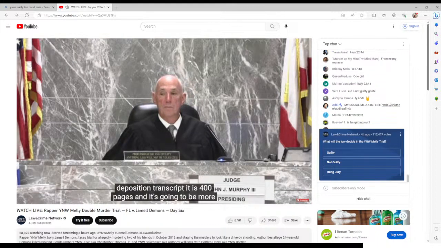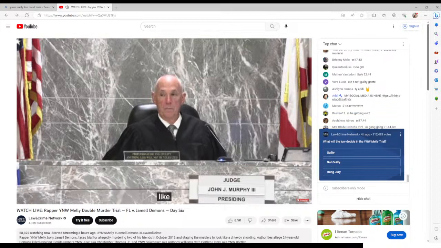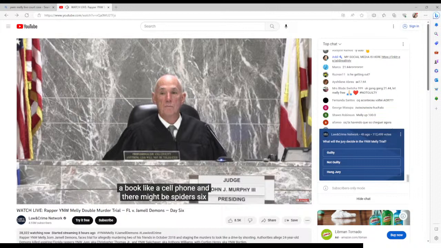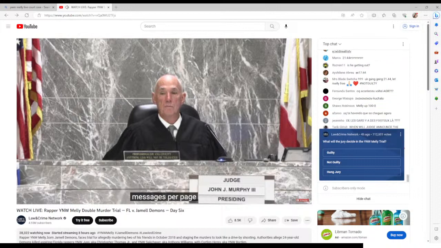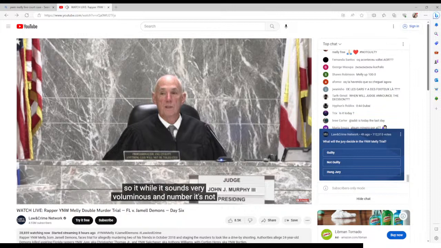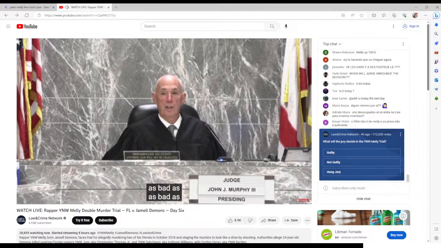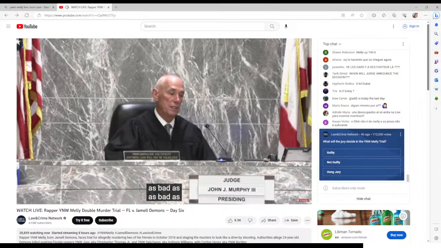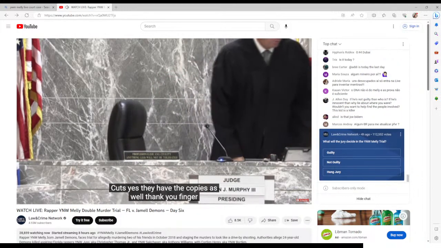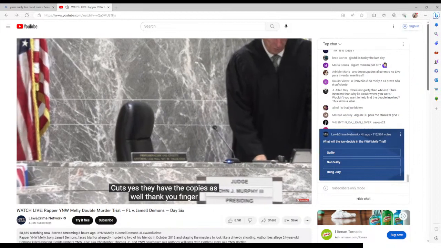It is 400 pages, and it's going to look more like a cell phone, and there might be 5 or 6 messages per page. So while it sounds very voluminous in number, it's not as bad as 400 pages would sound normally. And this is what you share with defense counsel. Yes, they have the copies as well. Thank you. We're adjourned.